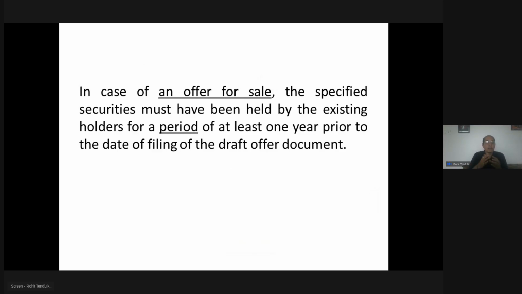So they can make an offer for sale at IFSC. But the condition is that they must hold those existing securities or specified securities for a period of at least 1 year prior to the date of filing of the draft offer document.